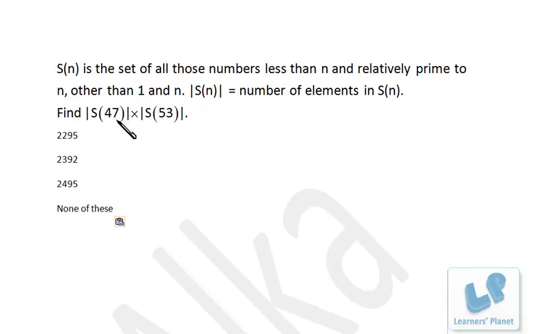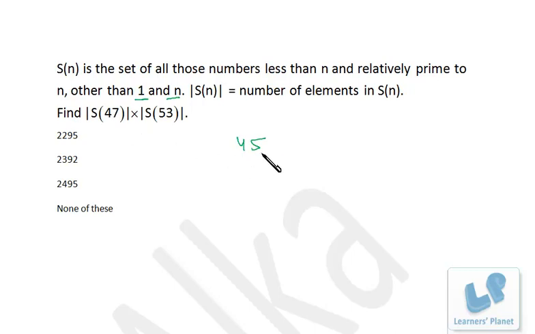So we have to find the number of numbers which are co-prime to 47 and less than 47. Obviously there will be 45 numbers because we have to exclude 1 and n, that means 1 and 47 both should be excluded. So we are left with 45 numbers because 47 itself is a prime number, so all the numbers less than it will be relatively prime to 47.